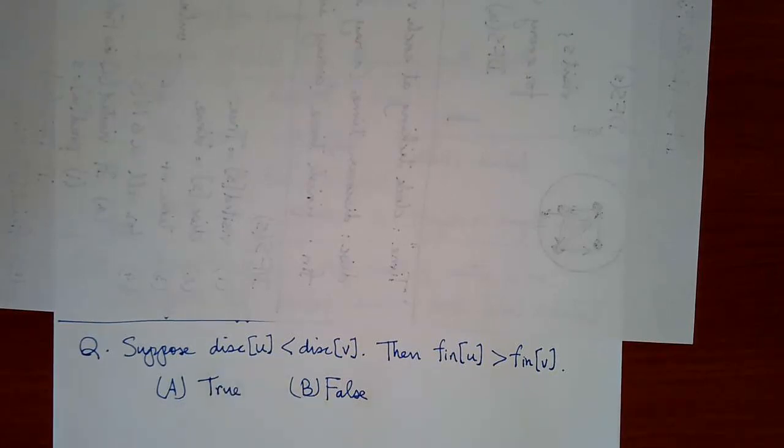I just said, suppose the discovery time of U is less than the discovery time of V. Okay, so it's roughly 50-50. Can someone justify their answer?